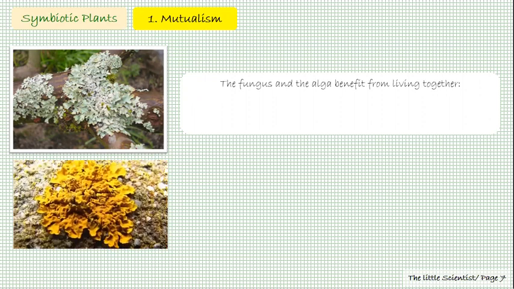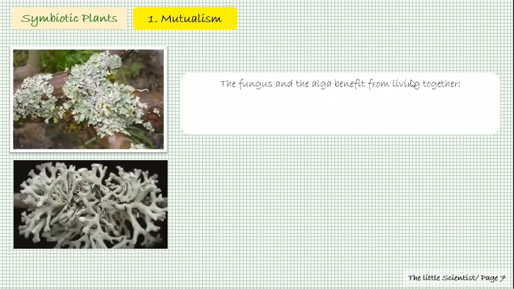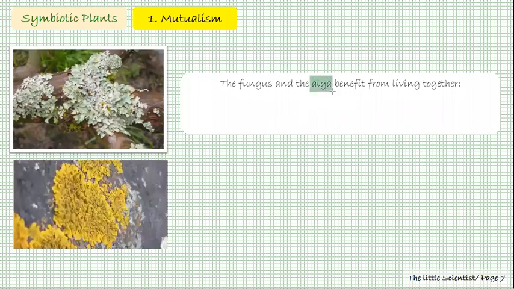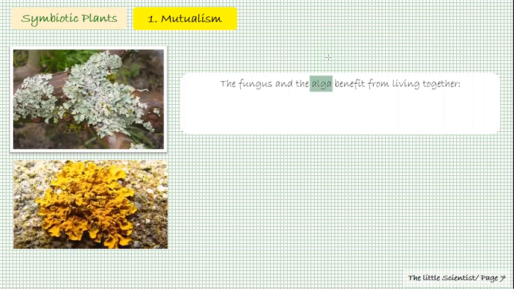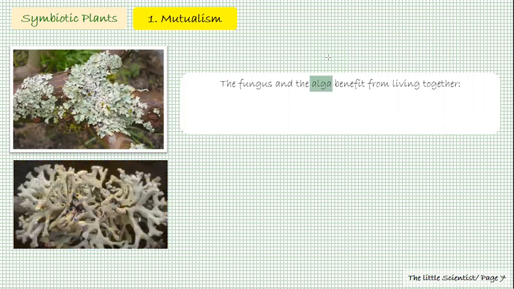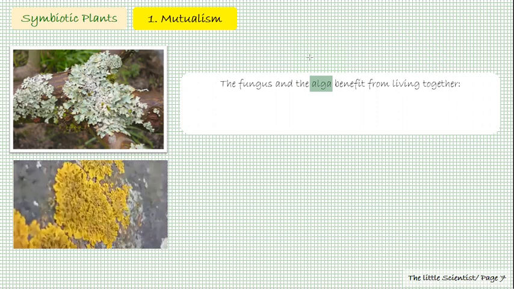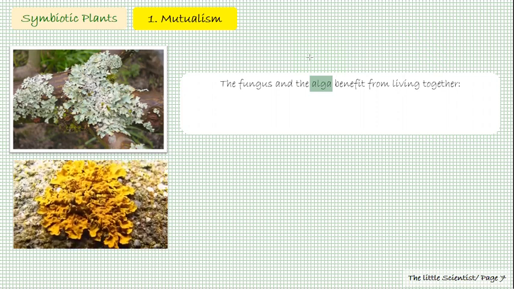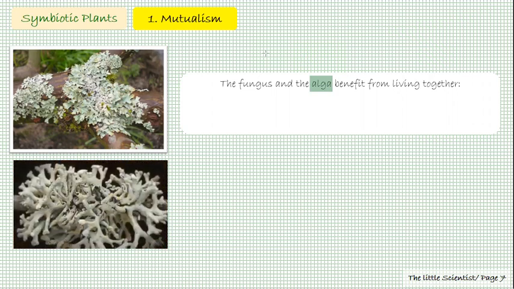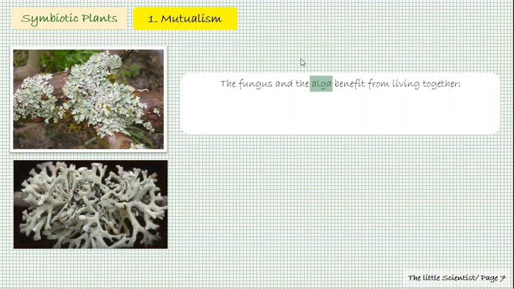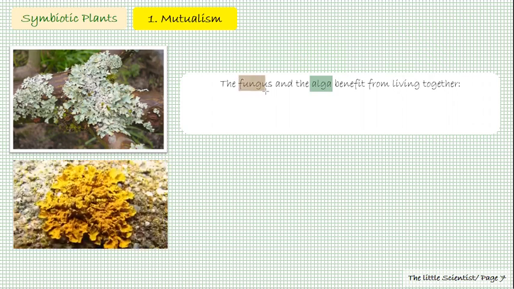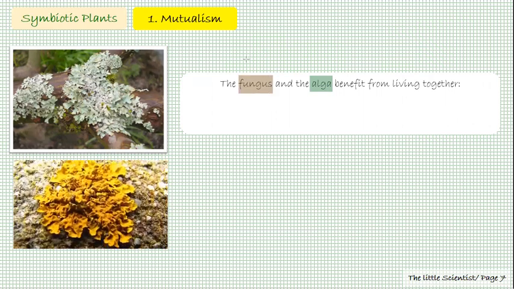So we have the alga. The alga is a green plant that can produce its own food. What's the problem? The problem is that this green plant cannot get the water and the minerals it needs. Here we have the fungus helping the alga. We have the mushroom helping the alga.